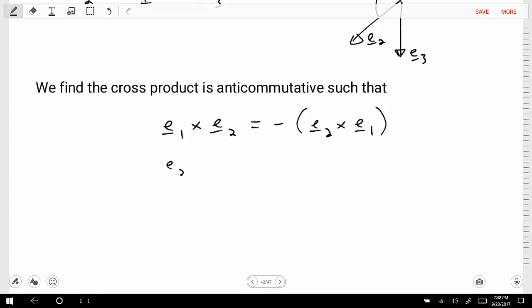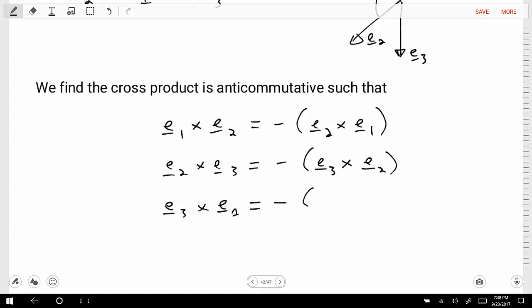The cross product of base vector 2 and base vector 3 is equal to the negative of the cross product of base vector 3 and base vector 2. And then finally, the cross product of base vector 3 and base vector 1 is equal to the negative of base vector 1 cross product base vector 3.